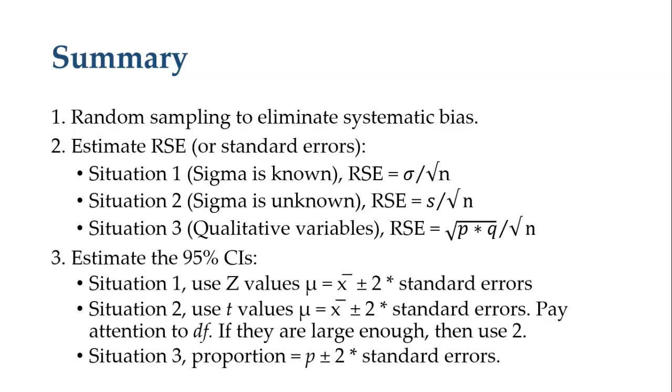In one situation, we know what sigma is, and sigma is the real standard deviation in the population. And we estimate the random sampling error with this formula. There is a second situation in which we don't know sigma. This is the most common situation in political science, at least. And in that case, we use the standard deviation of the sample.